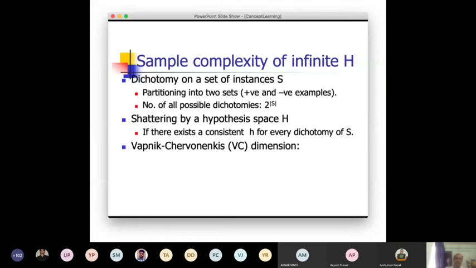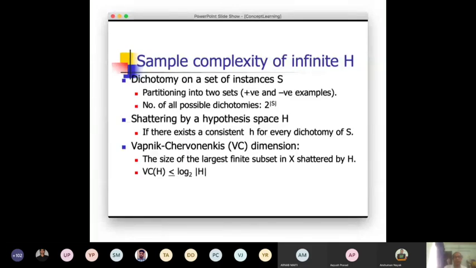And there is a concept called Vapnik-Chervonenkis dimension, which means the size of the largest finite subset in X, that is the input space, shattered by a hypothesis space H. It shows the power, or the capacity, of your hypothesis space. So if this size is large, your hypothesis space is assumed to be more complex.